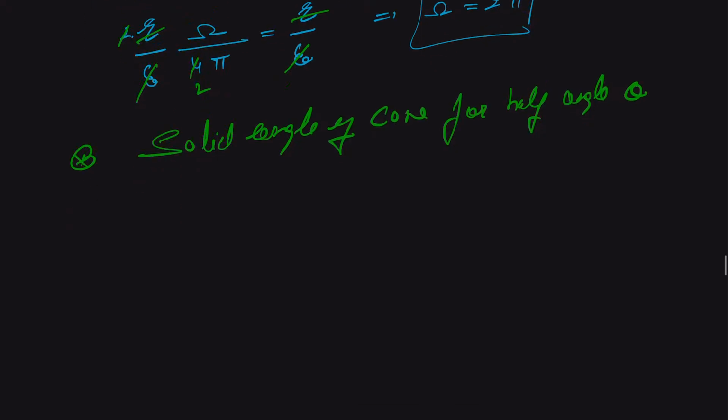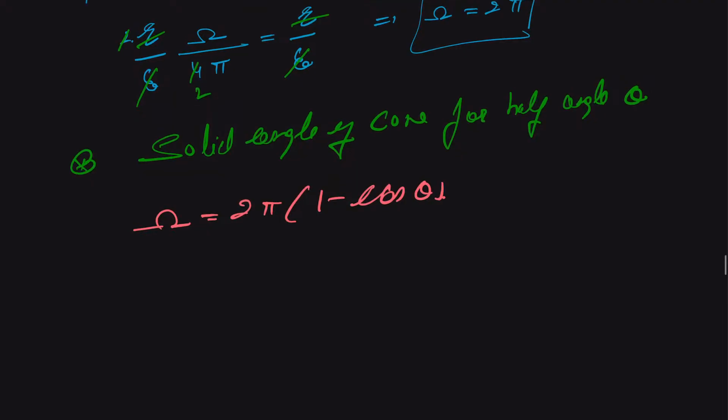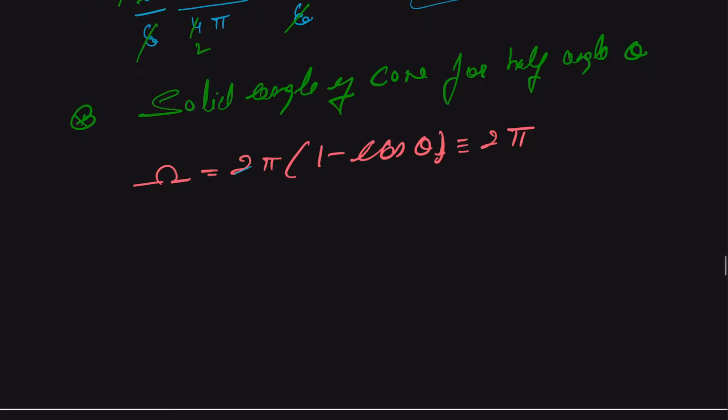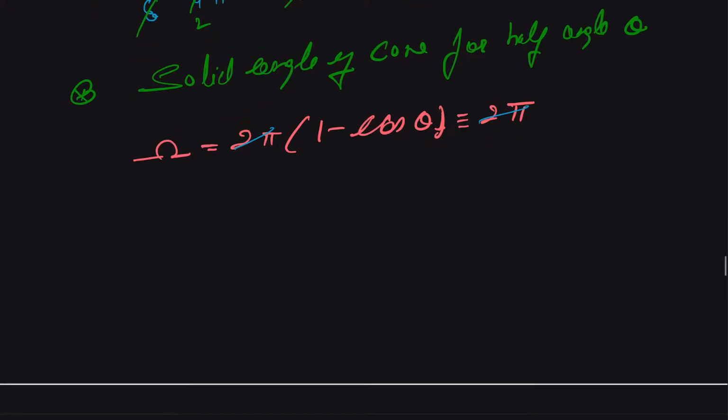The solid angle is equal to 2 pi times (1 minus cos of theta), and this is equal to 2 pi, because we already found out the solid angle is 2 pi. So the 2 pi and 2 pi cancel out, and we get 1 minus cos of theta is equal to 1, and this gives us that our value of theta is equal to 90 degrees.